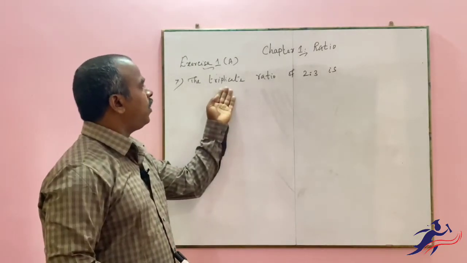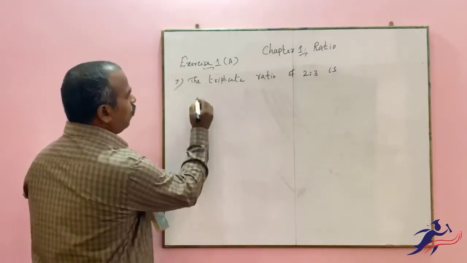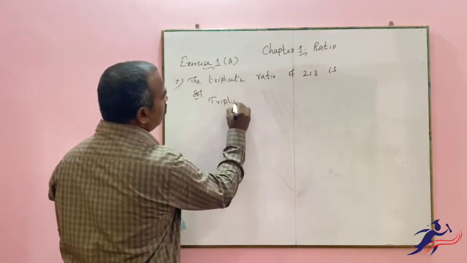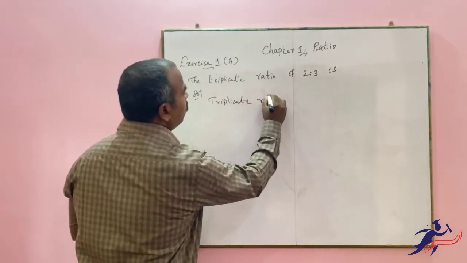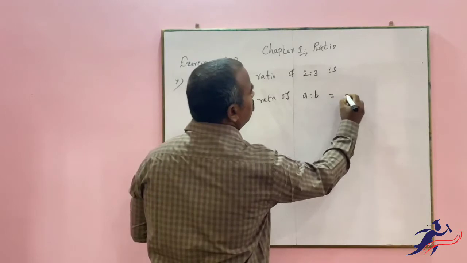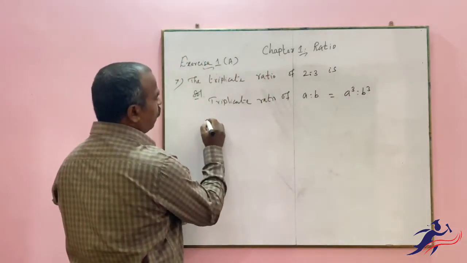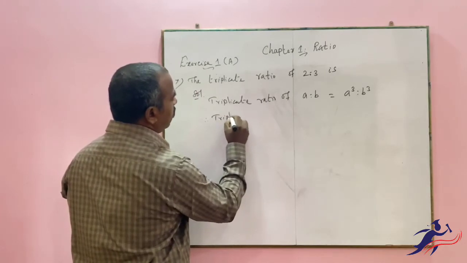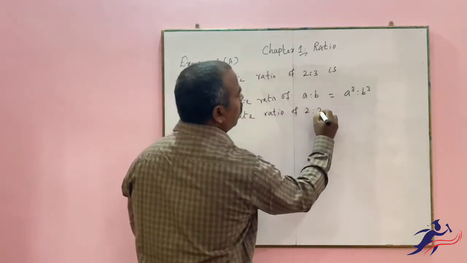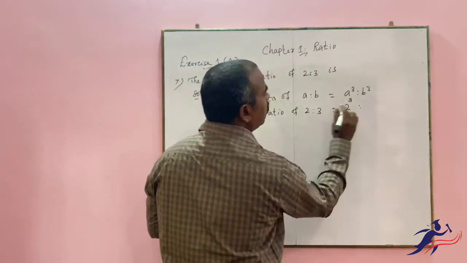Therefore, we are asked to find out the triplicate ratio of 2 is to 3. So now, the triplicate ratio of A is to B is A cube is to B cube. Therefore, the triplicate ratio of 2 is to 3 is 2 cube is to 3 cube.